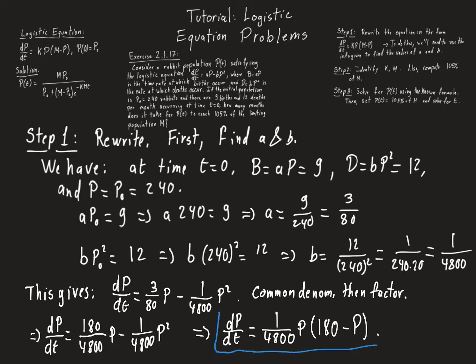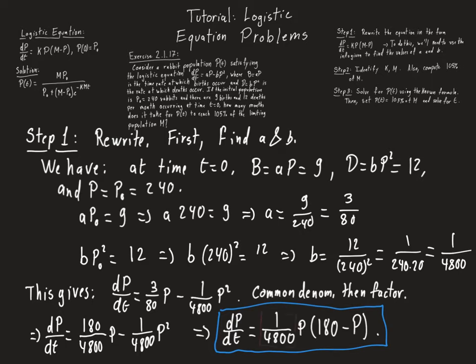We have written that differential equation in the format k times p times (m minus p). And all we had to do, again, is just to first off put under common denominator the two values of lowercase a and lowercase b, and then we simply factored it out as much as we could. And this gives us our little value in front here. Let's go in red pencil.